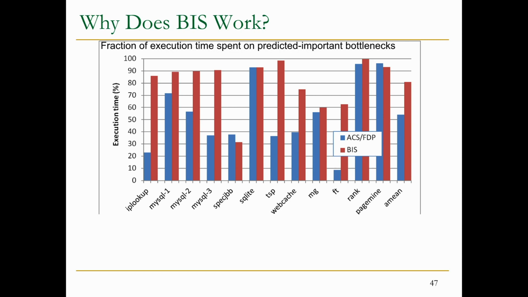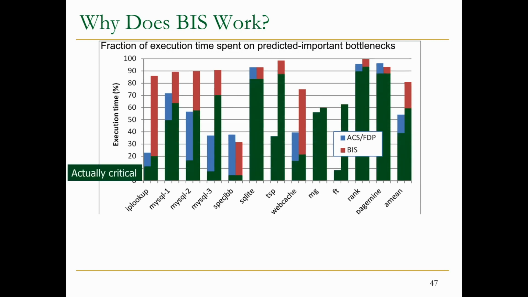Meaning, what fraction of it is really the bottleneck that's bottlenecking the program? That's this fraction, basically, actually critical. Of course, determining this dynamically is not easy. So what we do is all offline analysis of a program. You run the program backwards and figure out what is the bottleneck at a given point in time and how you'd really accelerate it. So doing this study is not really easy.